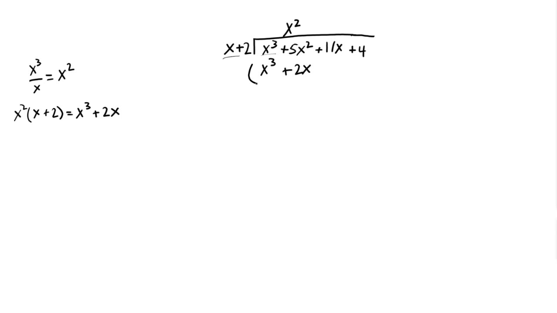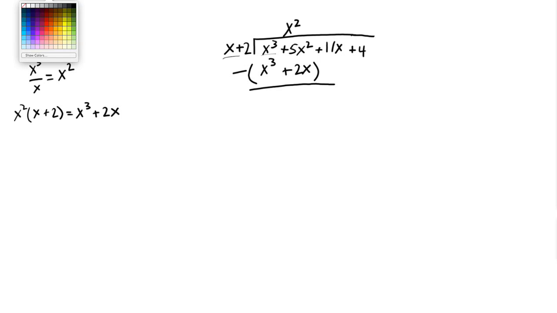Now I have to subtract all of that. When I subtract all of that, that means really my signs in here are changing. So that's going to make that minus and that minus.